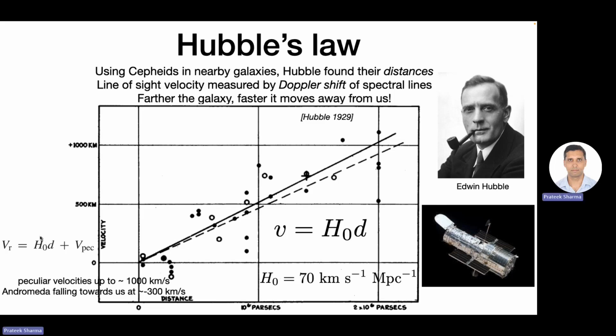No, this is positive. Hubble's law gives you a positive velocity. Peculiar velocity can be of any sign. In the case of Andromeda falling towards us, it's a negative sign. It is not a constant, absolutely not. You see these 1, 2, 3, 4 galaxies here, they are perhaps neighbors of the Milky Way which are falling towards us. Okay, cool.